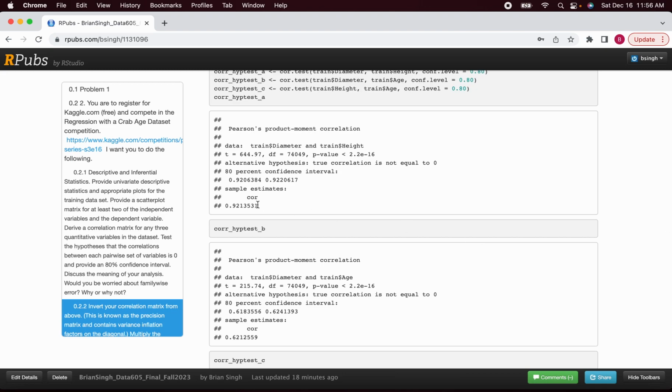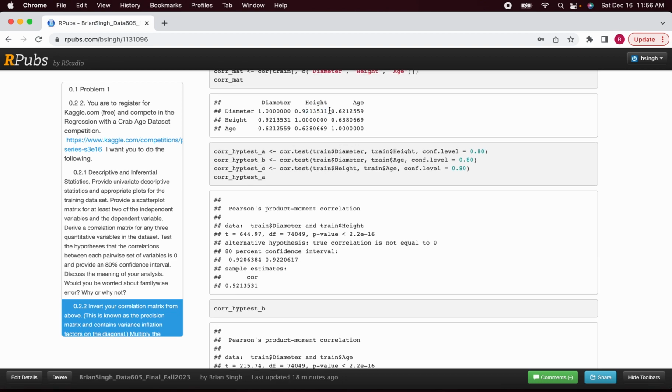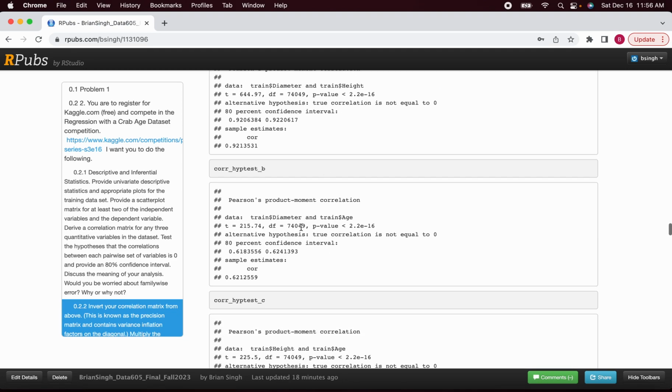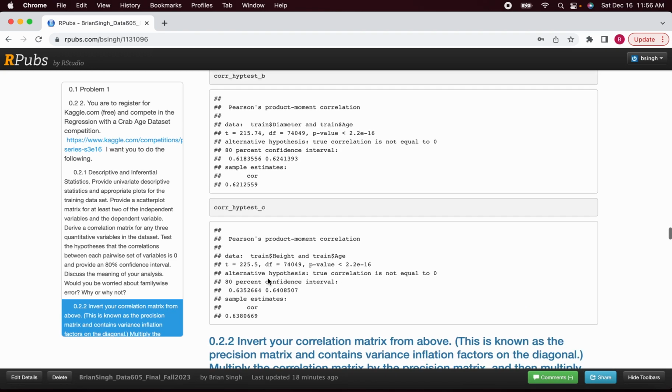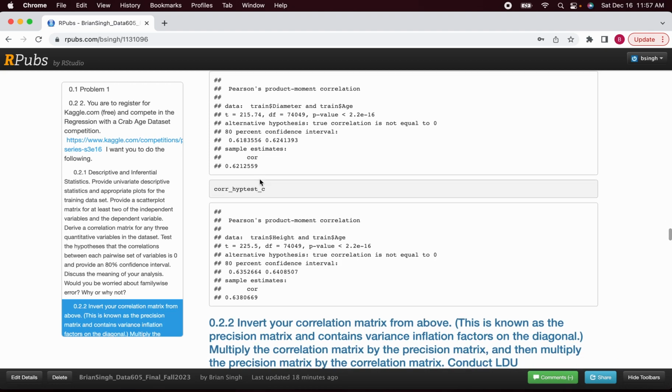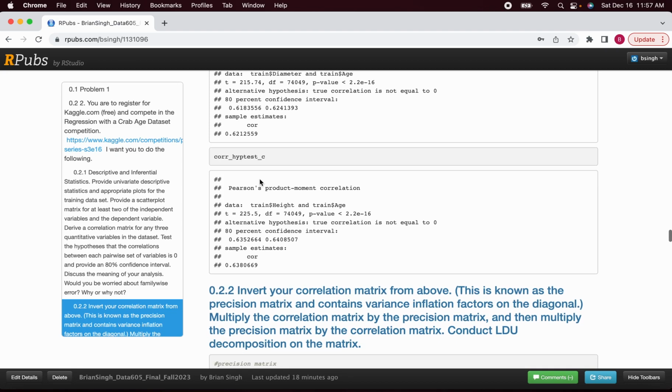So height and diameter correlation of 0.92, of course, matches the correlation matrix up here. These between diameter and age and height and age are not too strong, but still above 50%.